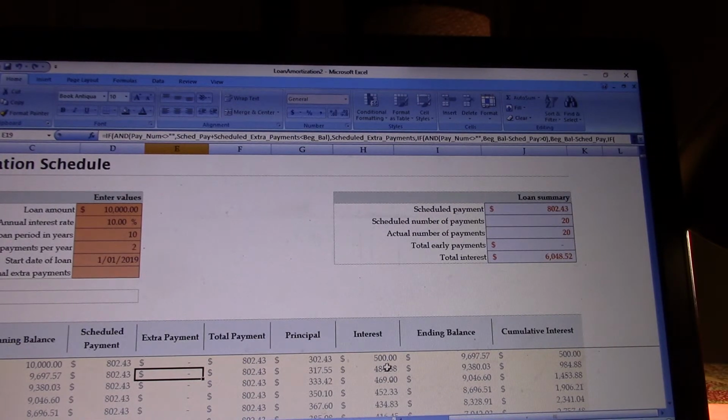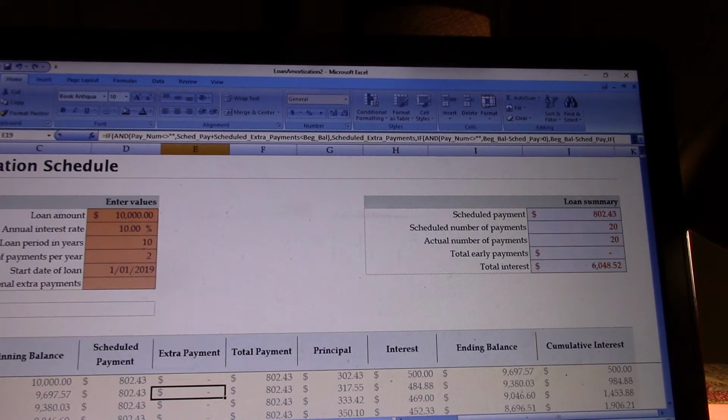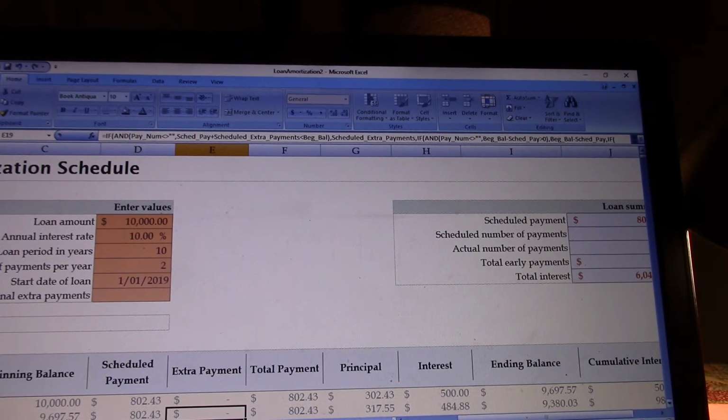After the first and second payments, your total interest paid should be $500 plus 484.88. So $984.88 should be your total interest payment after you make two payments for this debt.